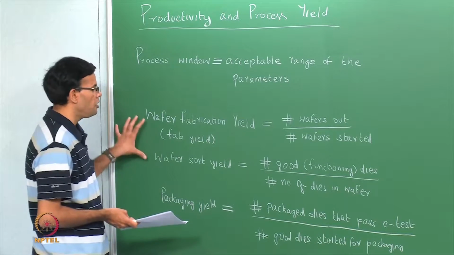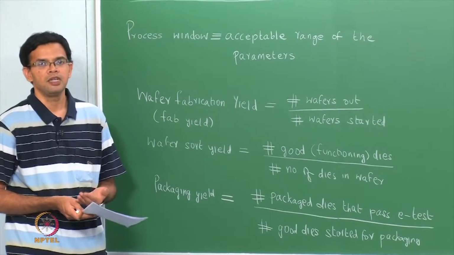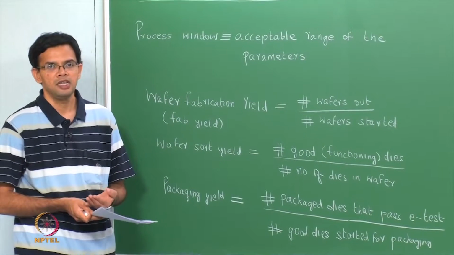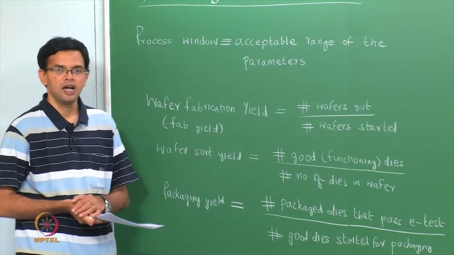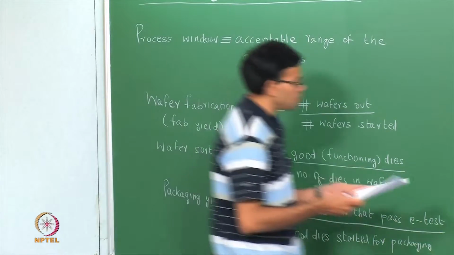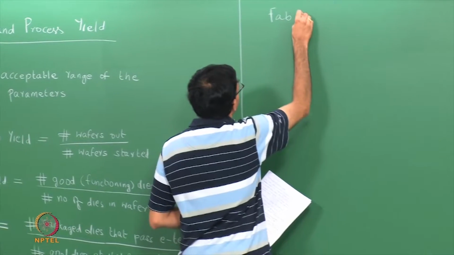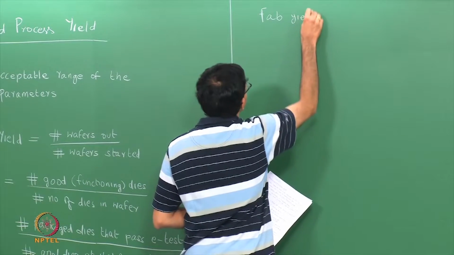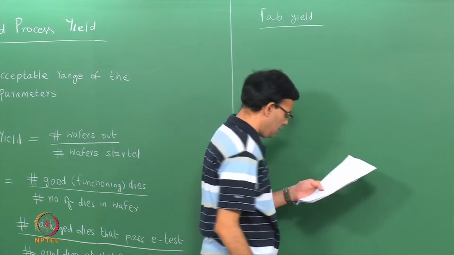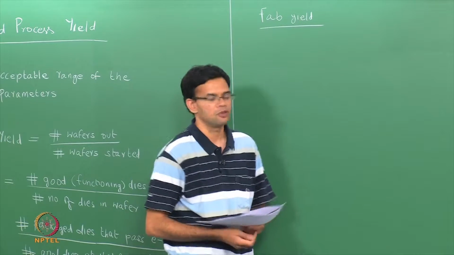So, today we are going to look into three of these in detail and some of the parameters that affect the various yield values. So, we will first start with looking at the wafer fabrication yield. So, I am going to abbreviate this as the fab yield, and this gives the output of the overall fabrication process.